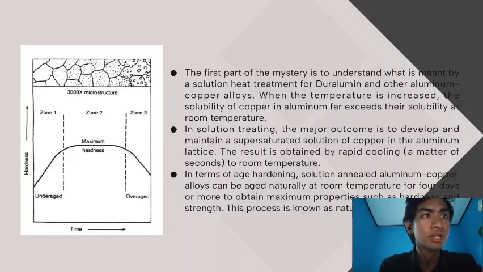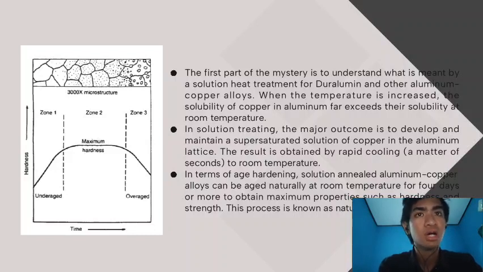In solution treating, the major outcome is to develop and maintain a supersaturated solution of copper in the aluminum lattice. The result is obtained by rapid cooling to room temperature when sufficient amounts of copper are trapped in the supersaturated condition. Sufficient copper atoms in proximity form zones.